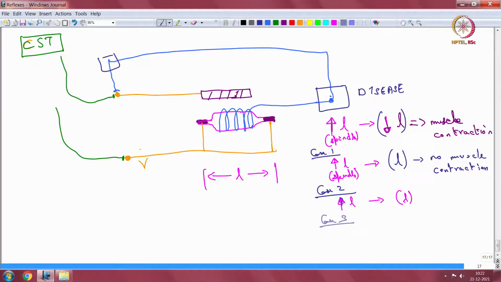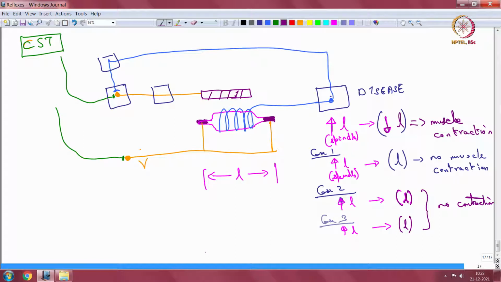Case number 3, disease in the motor neuron. Okay. So, disease in the motor neuron, disease over here. So, in that case what happens? Increase in length which is the same produces no change in length. So, no contraction.